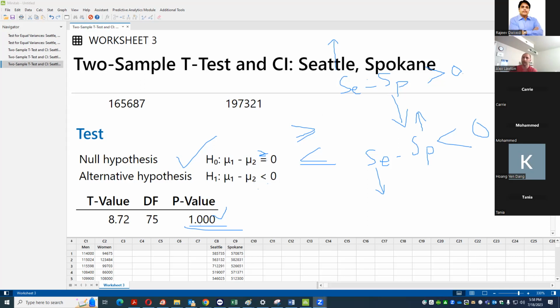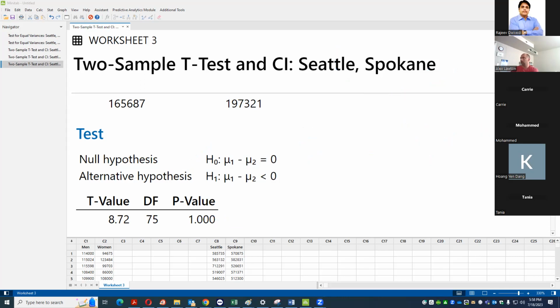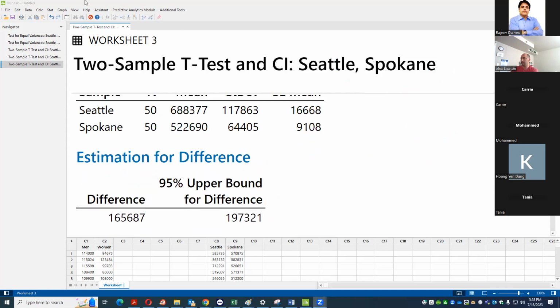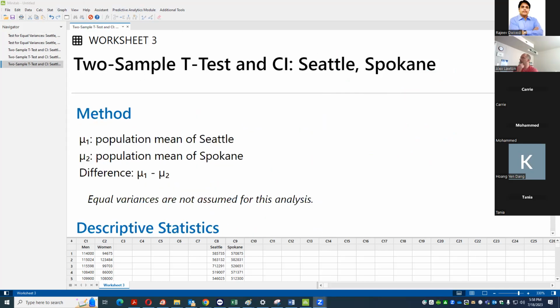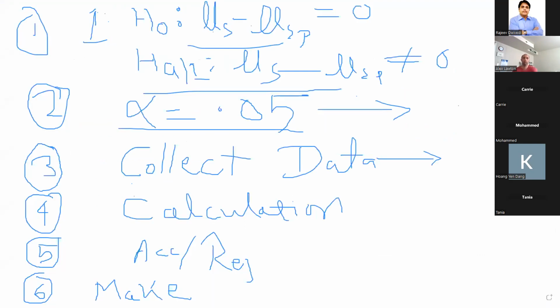So just a minute, let me remove this part. Okay, if you remember, hypothesis testing can be done based on mean.